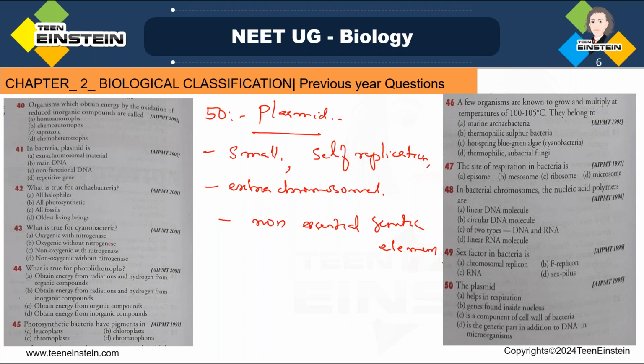And each plasmid has a ring of circular, supercoiled, double-stranded DNA, right?